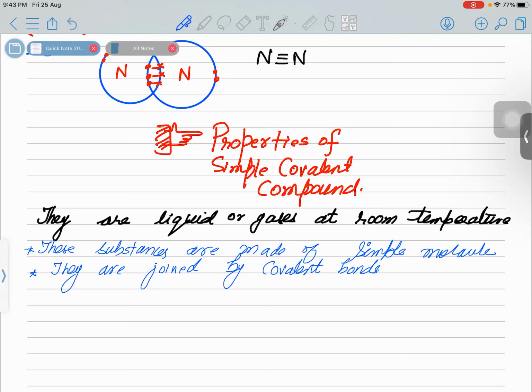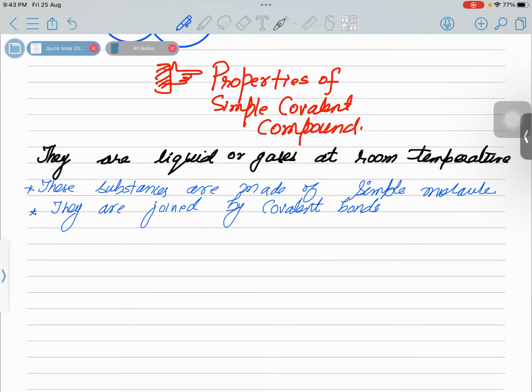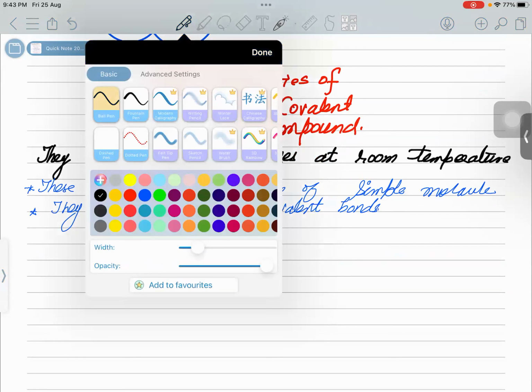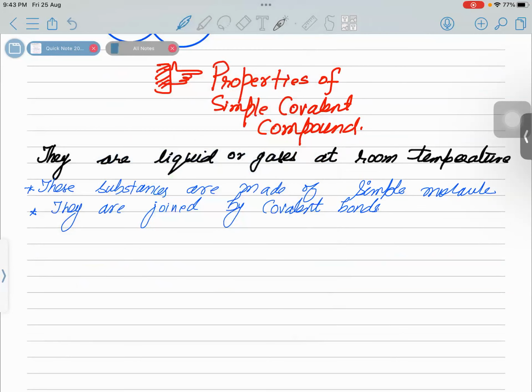Now, question number 2, or heading number 2. Do they have high or low melting or boiling point? They have low, sir. Low melting and boiling point.